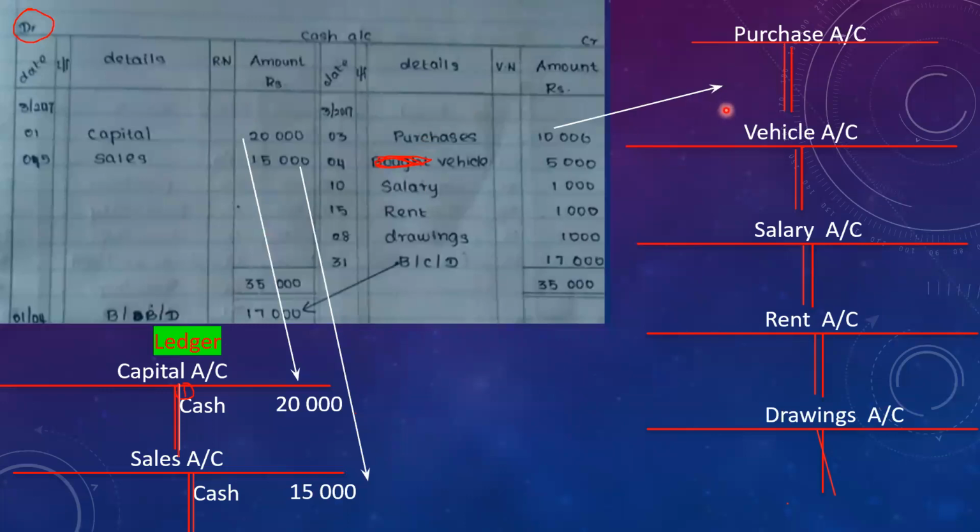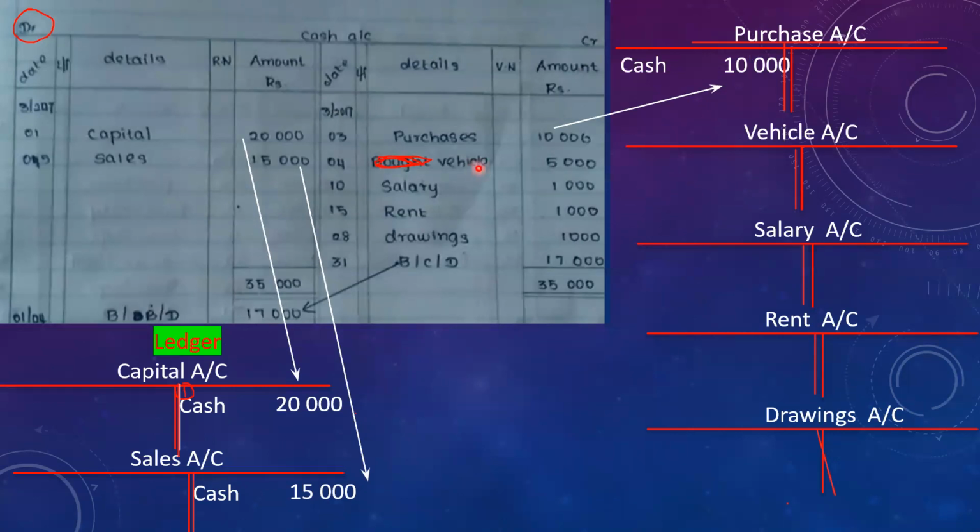We have to record debit and credit on the opposite side. So debit means credit, credit means debit. Purchase is on the credit side of the cash account, so it goes to the purchase account debit side. What do you write there? Cash. Why do we write cash? Because we took from the cash account.